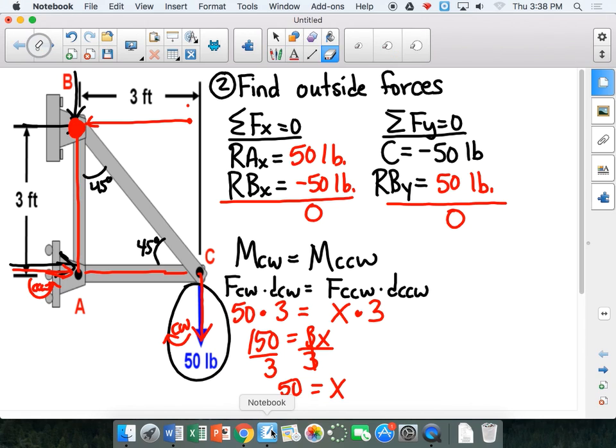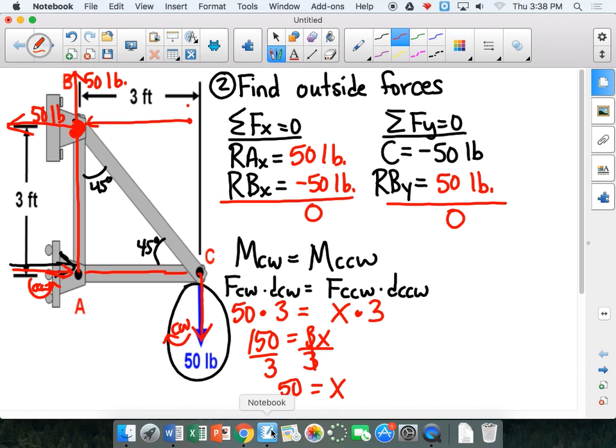So we really need to change our arrows at joint B, because in the x direction I should be going to the left, in the y direction, I should be going up. Both of these are 50 pounds. So we have found all of our outside forces.